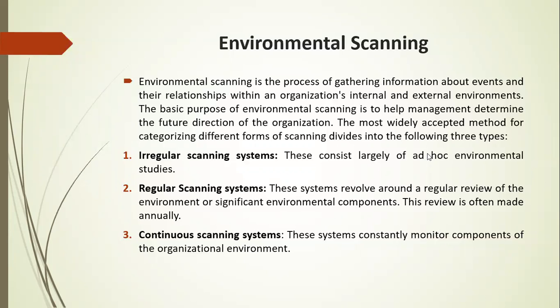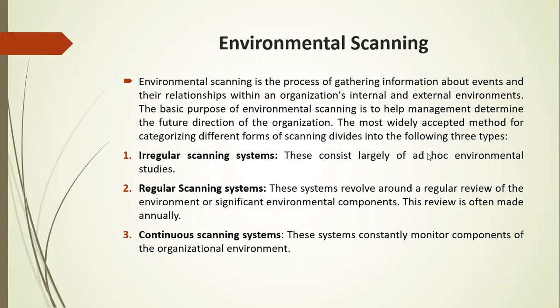Generally, it is every 6 months, or else annually. Most organizations do environmental scanning annually, and in some cases once in 2 years or once in 3 years. That scanning that is done at periodic intervals is called regular scanning.